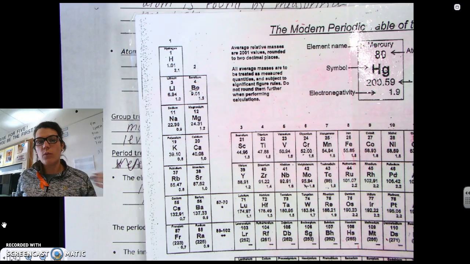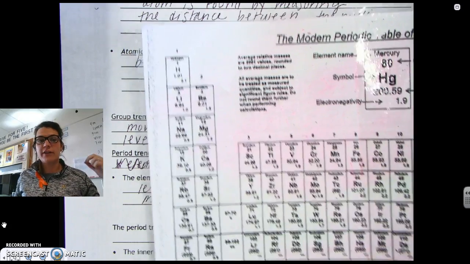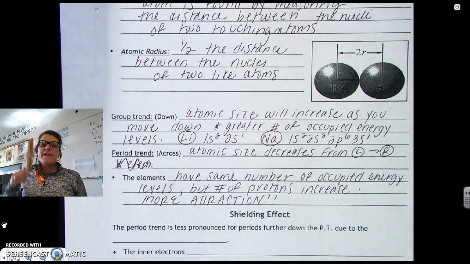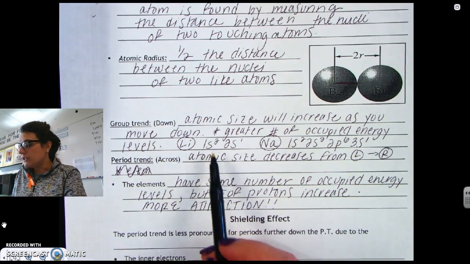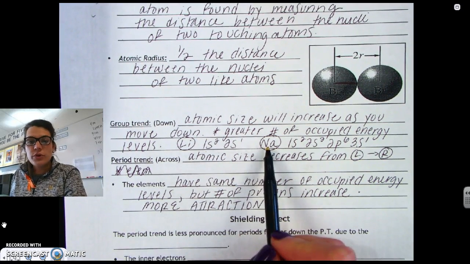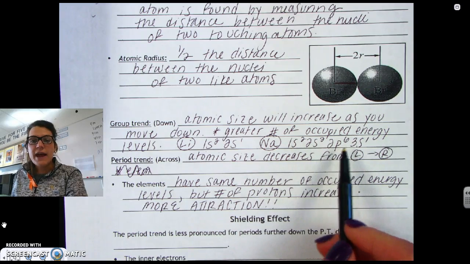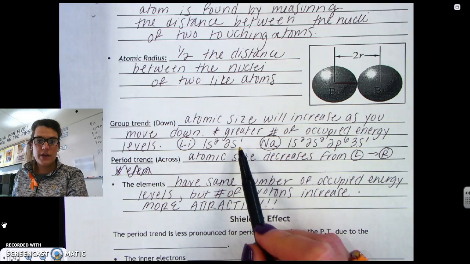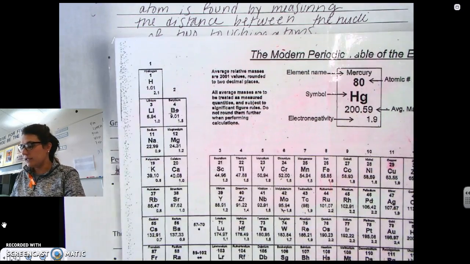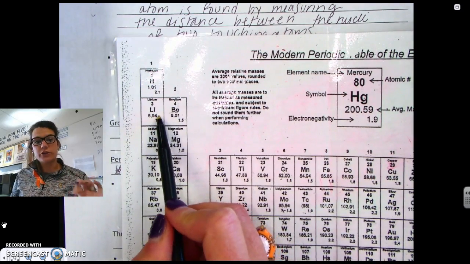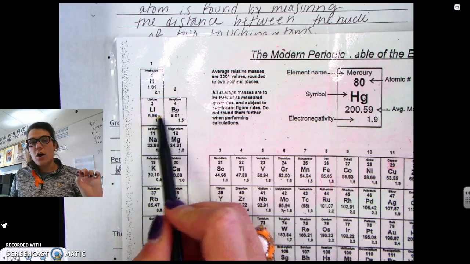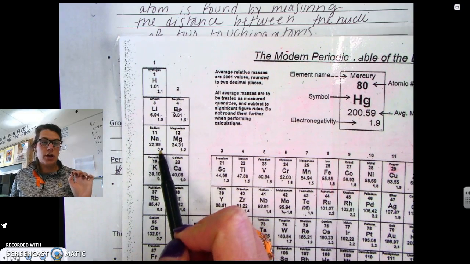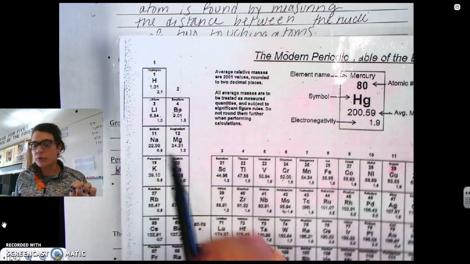And let's think about why, based off of electron configurations. If I was to compare lithium and sodium, sodium has one more energy level than lithium does, okay? So if I look at this, lithium's last electron resides in 2s, where sodium's last electron resides in 3s, okay?